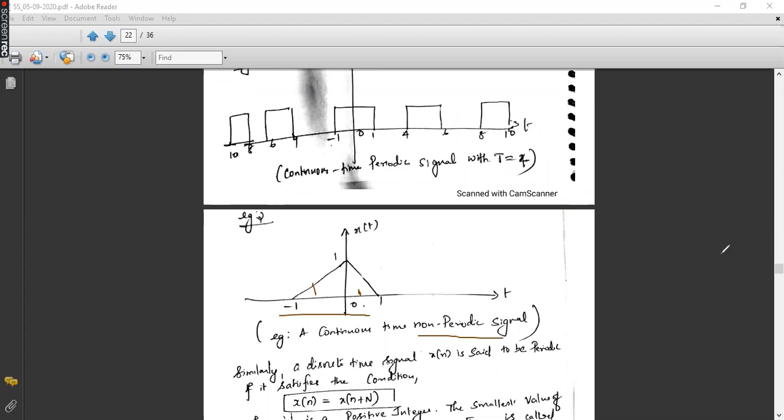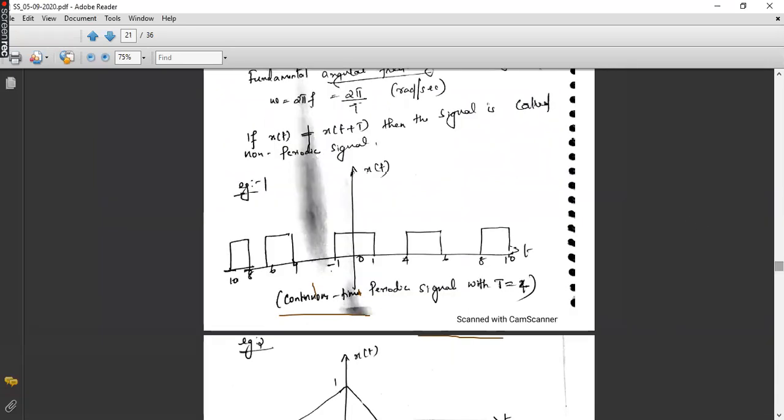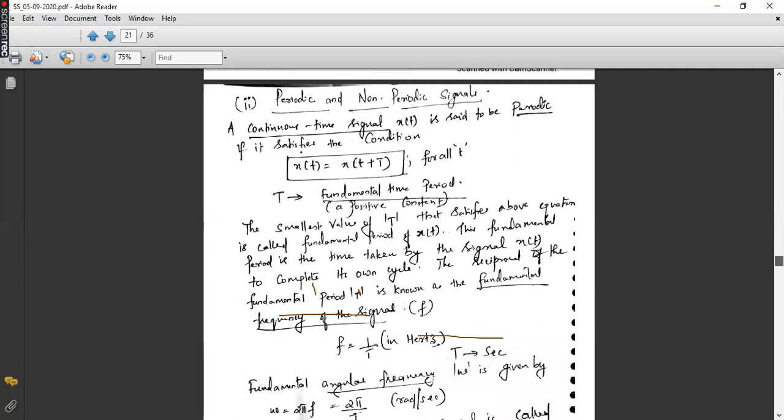Now, I will check whether this condition is being satisfied with respect to this graph or not. What was our condition? The condition is x of t equal to x of t plus capital T. So if you take t as 0, x of 0 should be equal to x of 0 plus capital T. For that example number 1, it is 4 here.